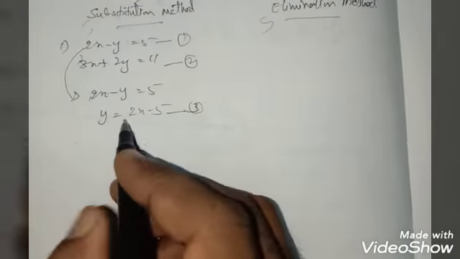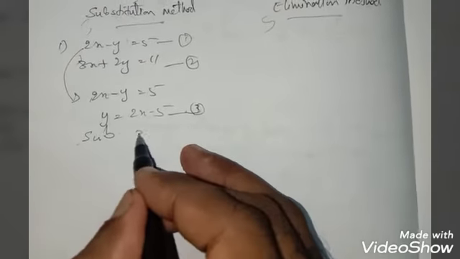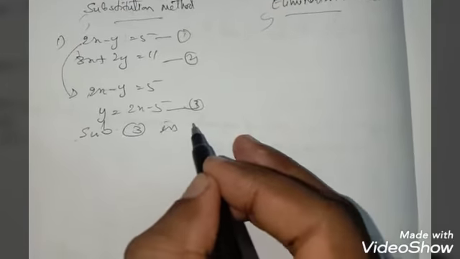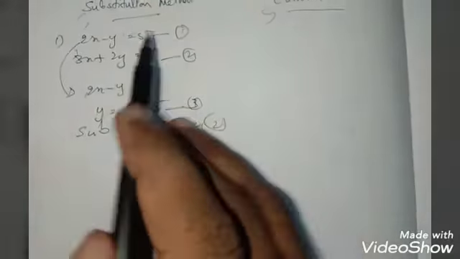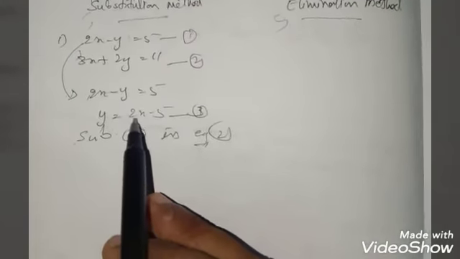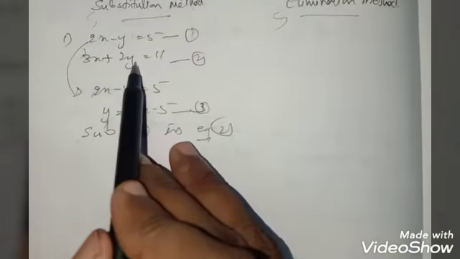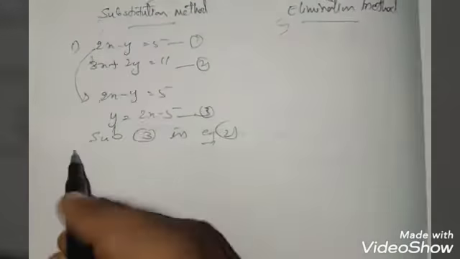Now what I am doing here in the substitution method is substituting the third equation in equation number 2, because we have already taken equation 1 and converted it into y. Whatever y value you have obtained, you have to substitute in the second equation.